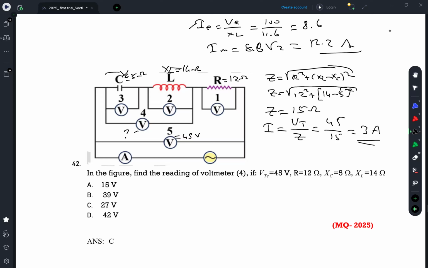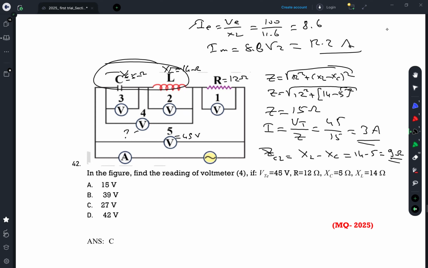Now I will calculate the potential difference across the C and L. There are a few ways, but I know that C and L are opposite in direction. So the reactance of C and L together is XL minus XC, which is 14 minus 5, so 9 ohm.